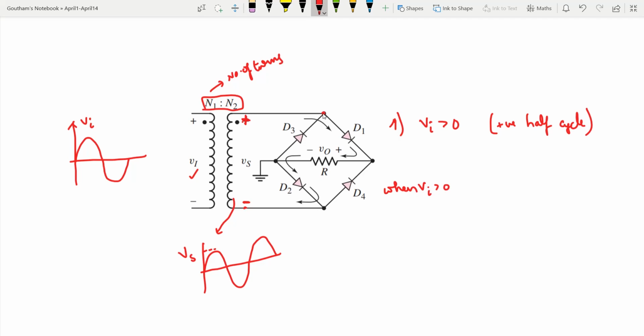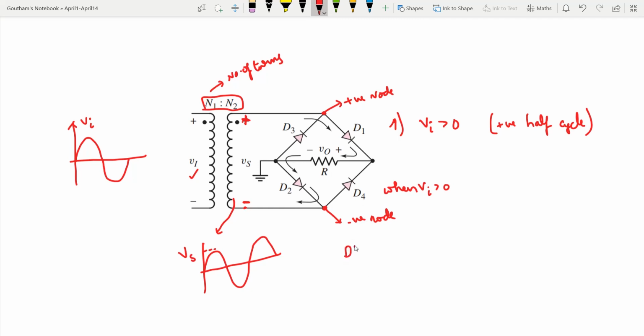This node is the most positive node in the entire circuit, and this node is the most negative node in the entire circuit. With that in mind, let us now analyze which of these diodes are forward biased and reverse biased. Let us go diode wise.